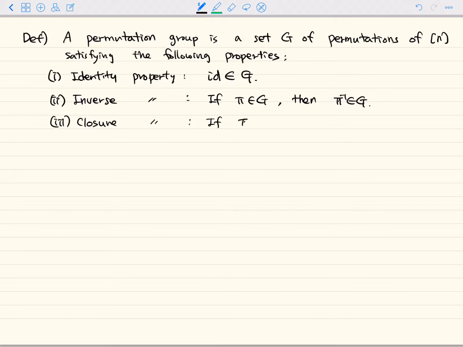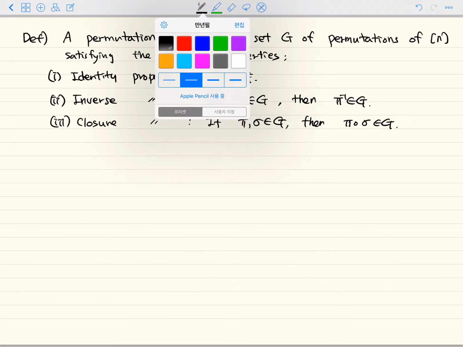If two permutations pi and sigma are in G, then their composition must be in G. So if a set of permutations satisfies these three properties, it is called a permutation group.